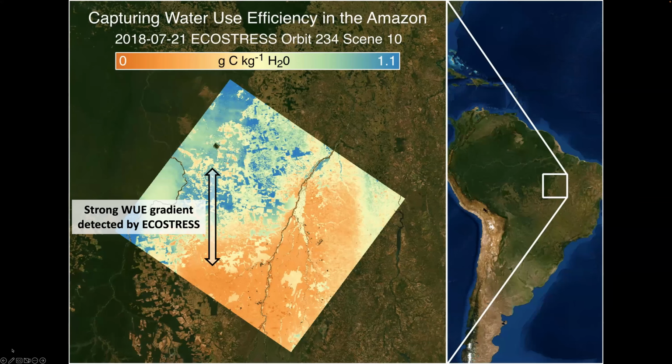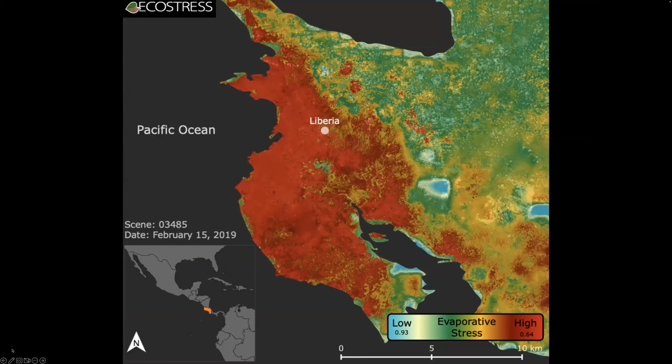There's also a water use efficiency product created out of ECOSTRESS, and you can start to see these gradients of water use efficiency. There's also a drought product called the Evaporative Stress Index, and that'll tell you when plants are facing water stress or heat stress. And that'll tell you stress before NDVI will.